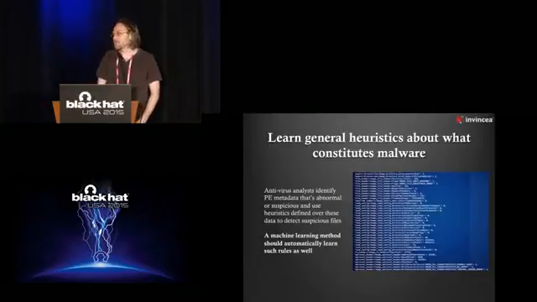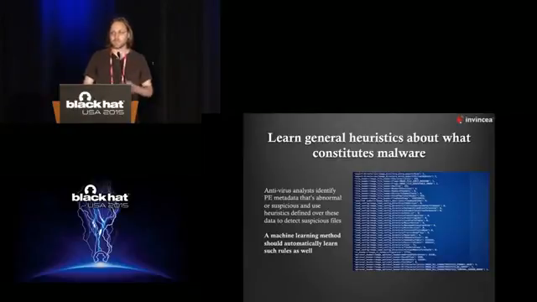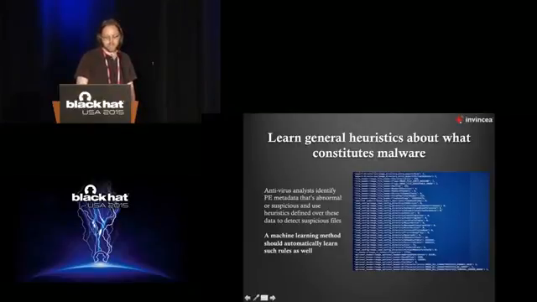And this is also a problem for the antivirus systems that are more signature based. The machine learning system should automatically learn what human analysts learn by applying their own reason. It should automatically learn heuristics about what in general constitutes malware. AV engines often deconstruct the Windows binary file format called the portable executable format.